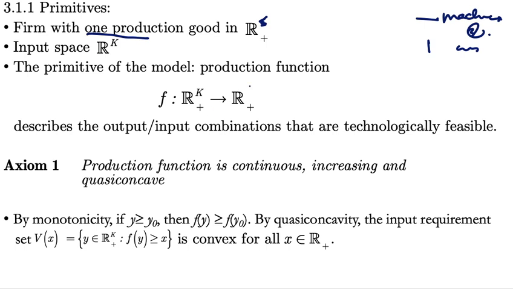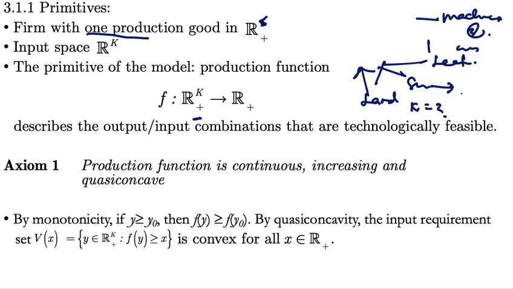We don't say, let's say land, sewing machine, leather, that we have K equal to 3, with negative acres of land and minus 0.5 sewing machines. We don't say that way. We will say 1 acre of land, 2 acres, 1.5, you get me? So it has to be positive.